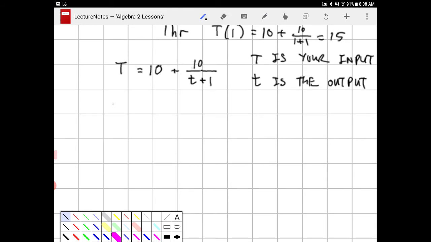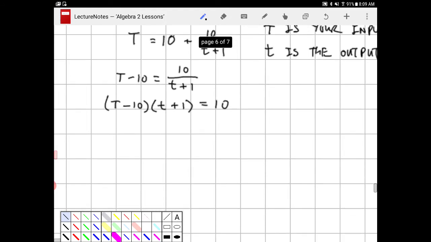We subtract both sides by 10, so I get T minus 10 equals 10 over t plus 1. I then multiply both sides by t plus 1, so I get T minus 10 times t plus 1.